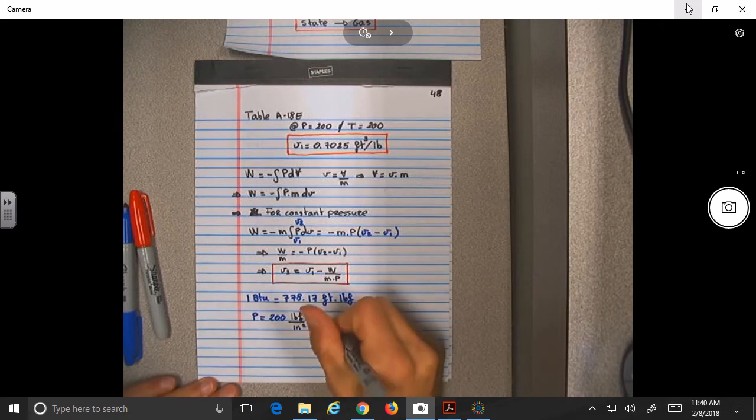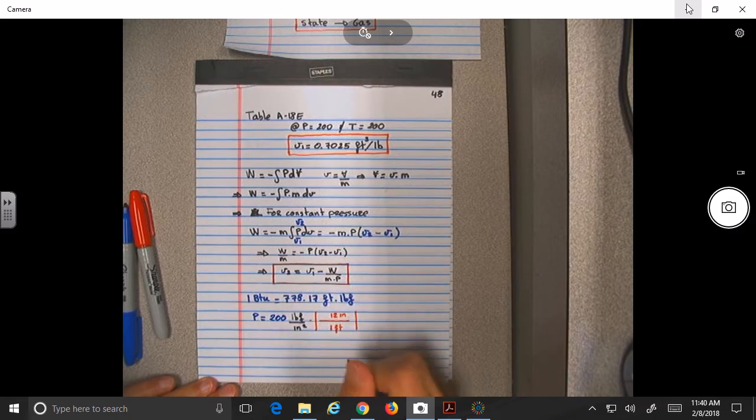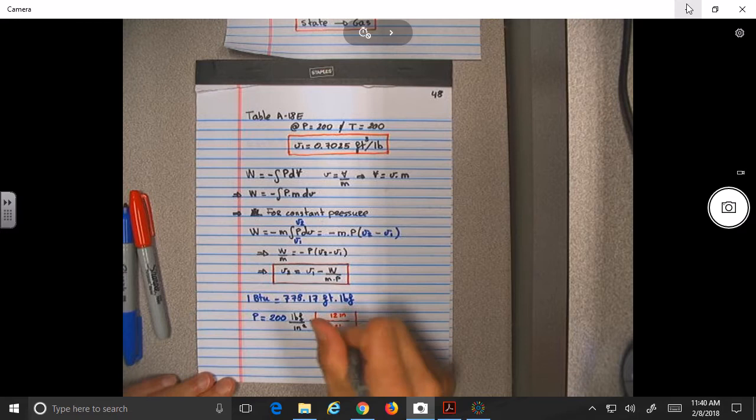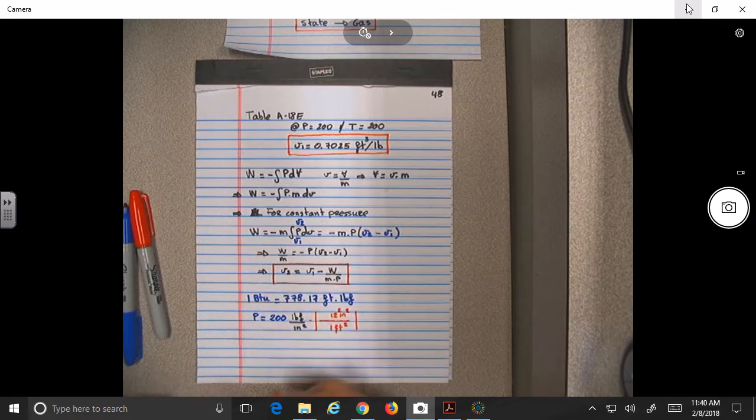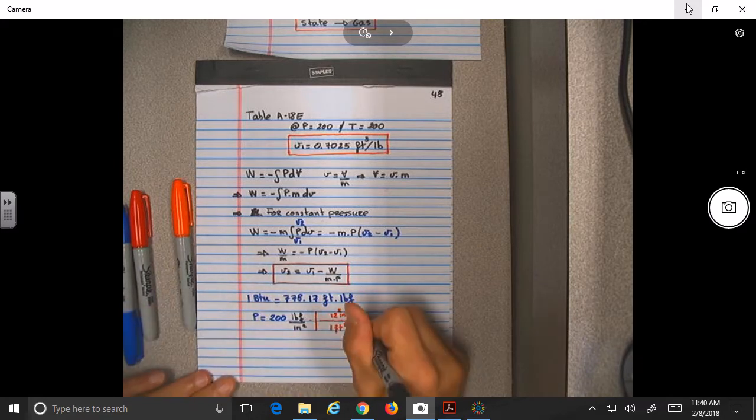Yeah? So we want to eliminate this, we want to transform the inches. What do we know? 1 foot is how many inches? 12. So now if you do the square, 12 square is 144, no? You take the square of everything. So if you do this, what do you get for the pressure?